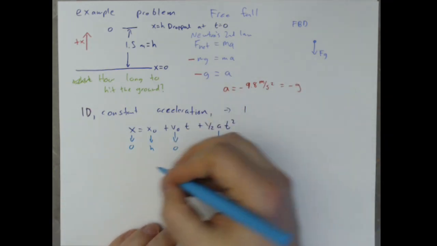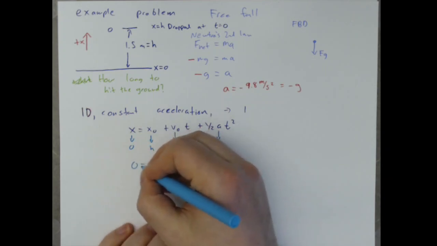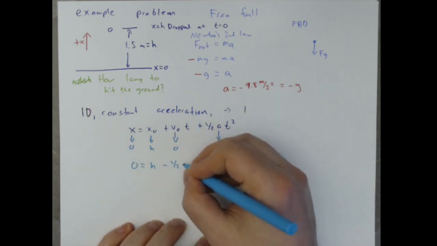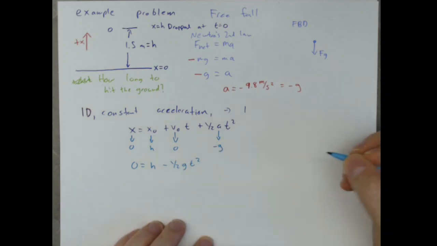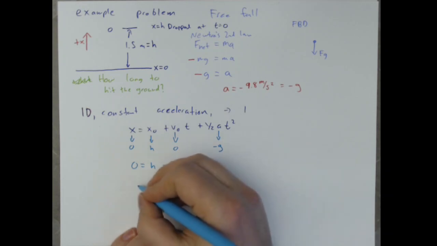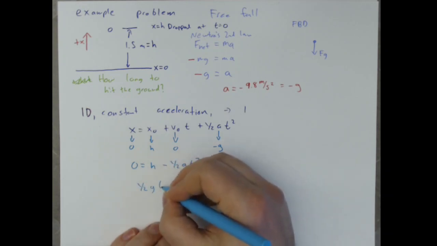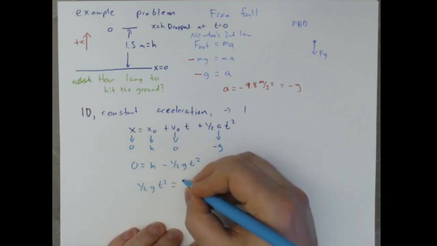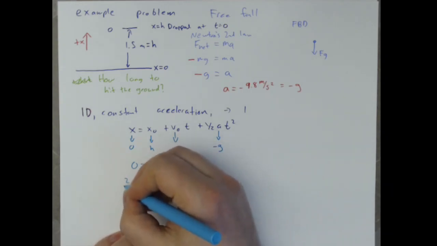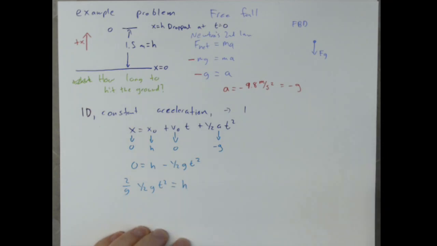So all this combined together lets me say 0 is equal to h minus 1/2 g t squared. So I can pull this over to the other side of the equation: 1/2 g t squared equals the height. Then multiply both sides by 2 and divide by g.